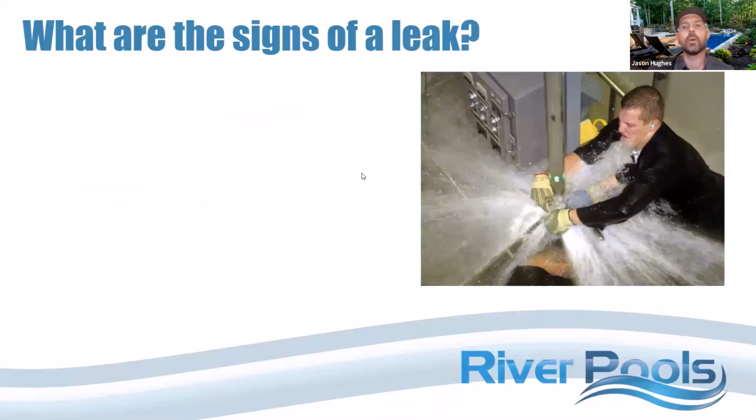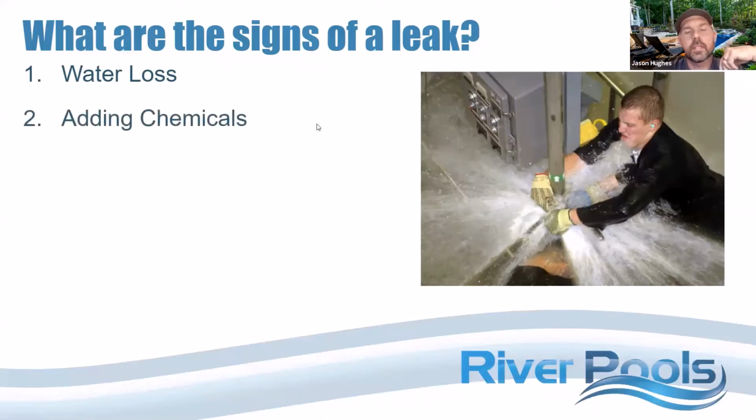So what are the signs of a leak? A lot of times we'll get a call from a customer, or we might have a team member show up and they're like, man, I think we might have a leak. So some signs: water loss, obviously, just the need to constantly add chemicals. And that's not necessarily an indicator, but it can be.